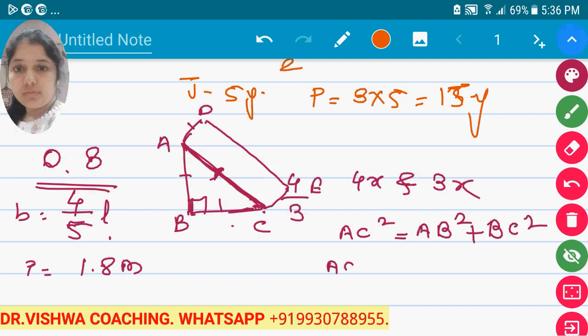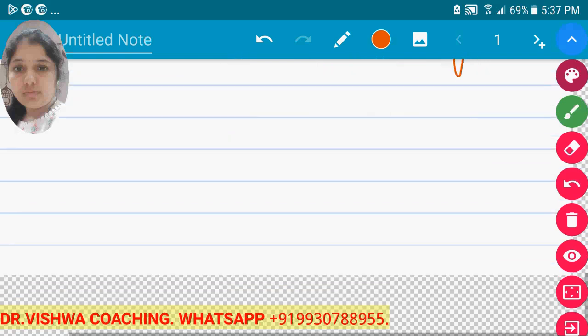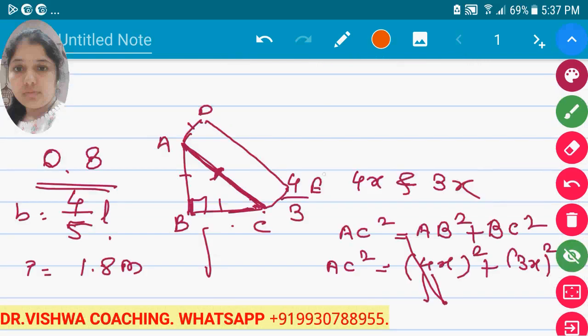Now AC square is equal to AB, that is 4x, so 4x square plus 3x square. Now AC square is equal to 16x square plus 9x square.